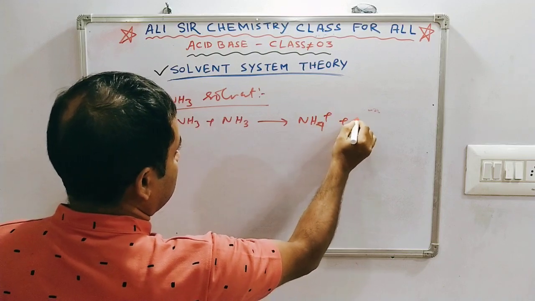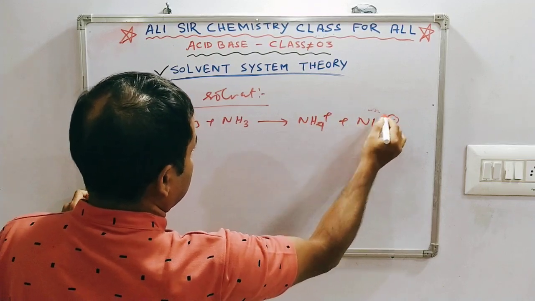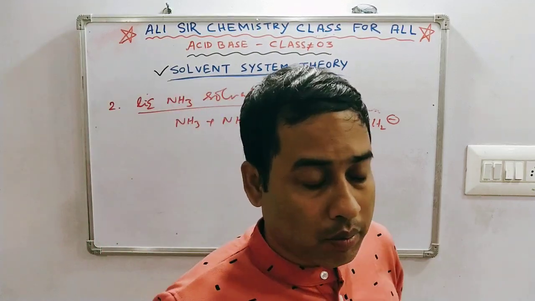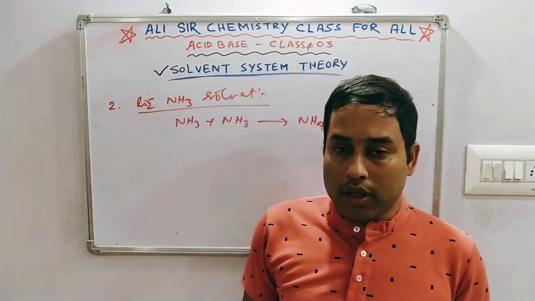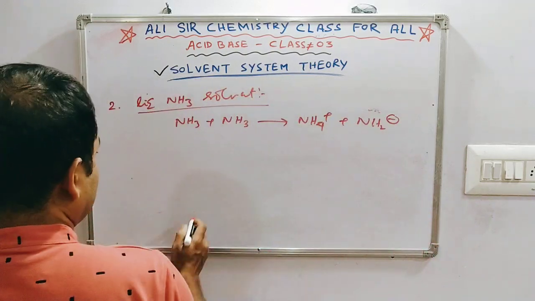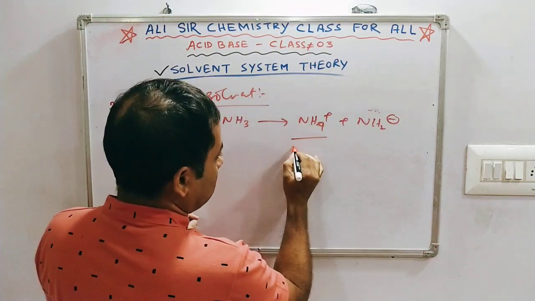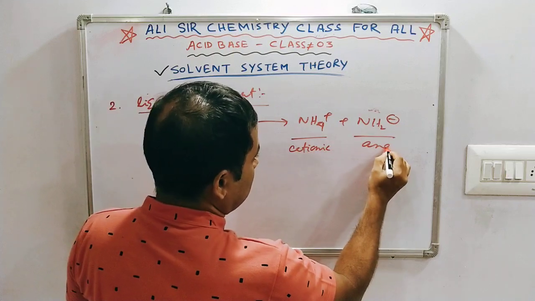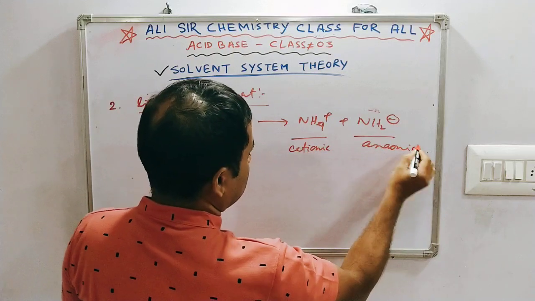One ammonia molecule will abstract a proton and another ammonia molecule will release a proton. So this is known as auto-ionization. This is the cationic part, and this is the anionic part.